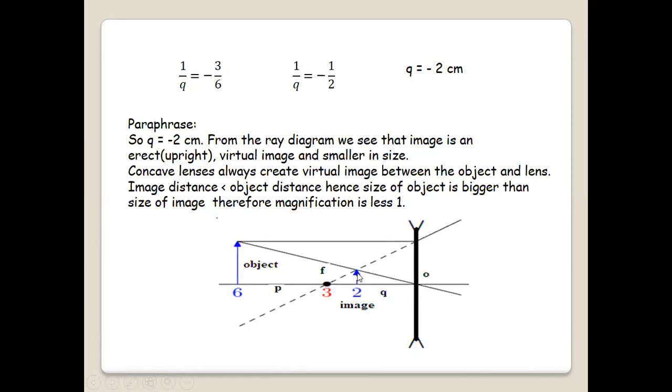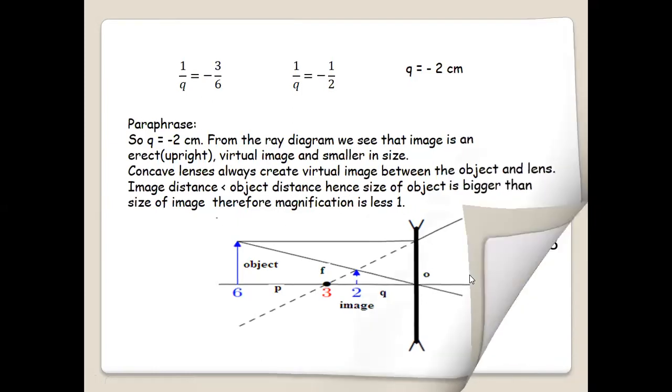It is a virtual, erect image and smaller in size than the object. So the concave lens always creates a virtual image between the object and the lens, the image distance is less than the object distance, and the size of the object is bigger than the size of the image, therefore magnification is always less than 1.